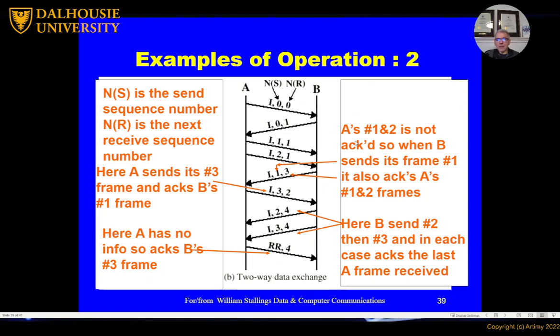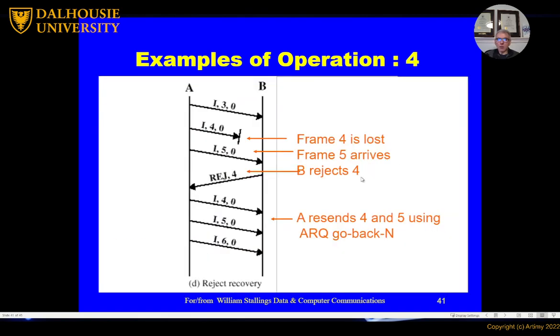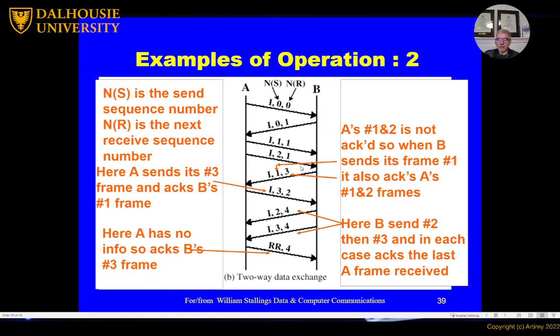Okay, and as I mentioned before, HDLC has all the examples that we talked about. So I'm going to talk about some of these and leave the others. So we talked about sending information and receiving acknowledgement.